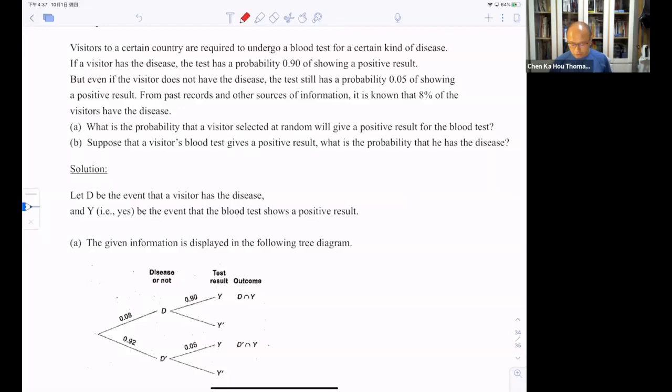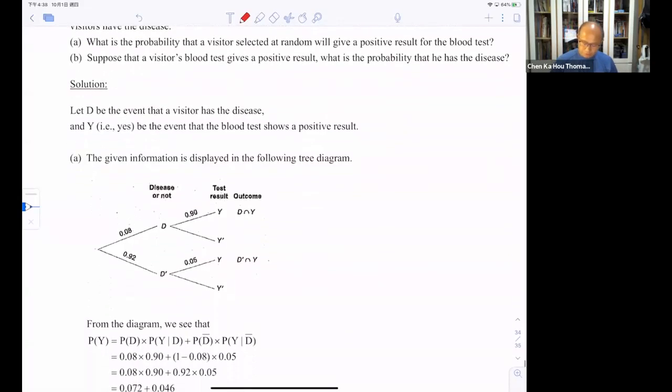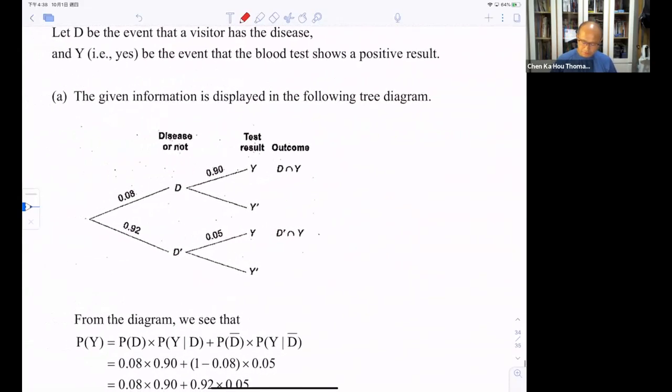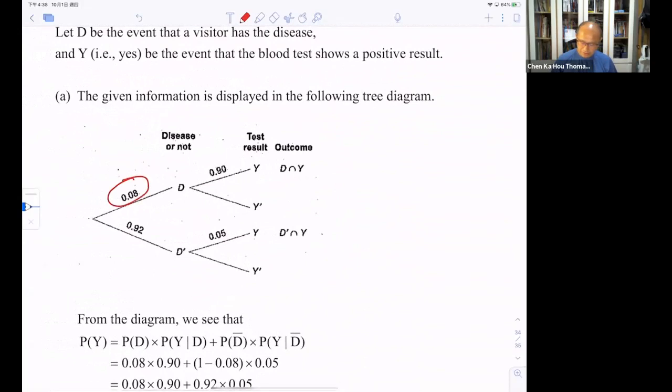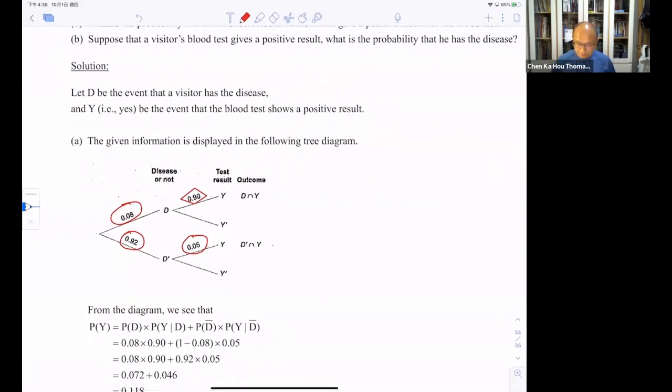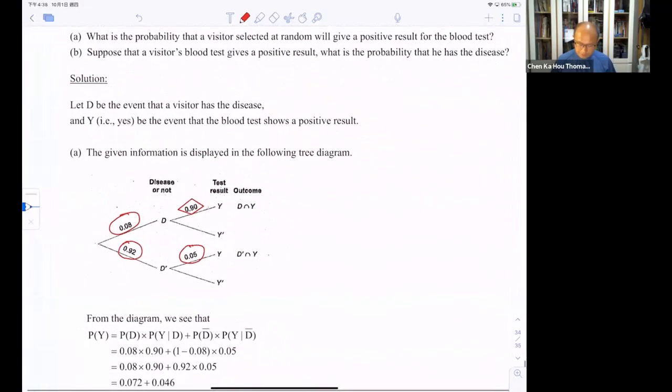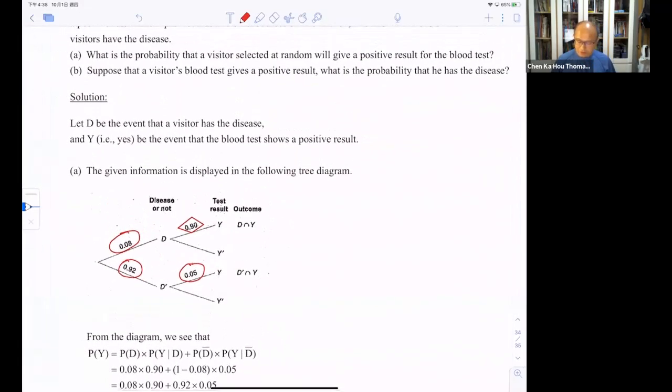That is a wrong diagnosis. So the tree diagram: has the disease, you check it; but without the disease, the instrument also shows that the person is sick.